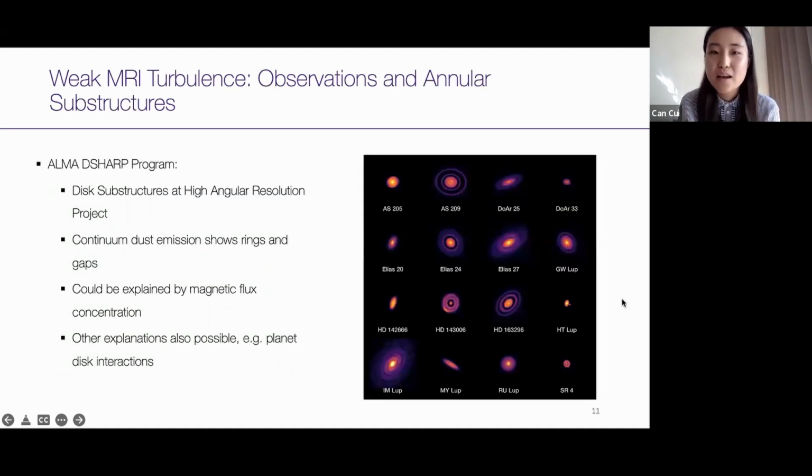So this is important because it might explain some observations by the ALMA DSHARP program, which stands for the Disk Substructures at High Angular Resolution Project.